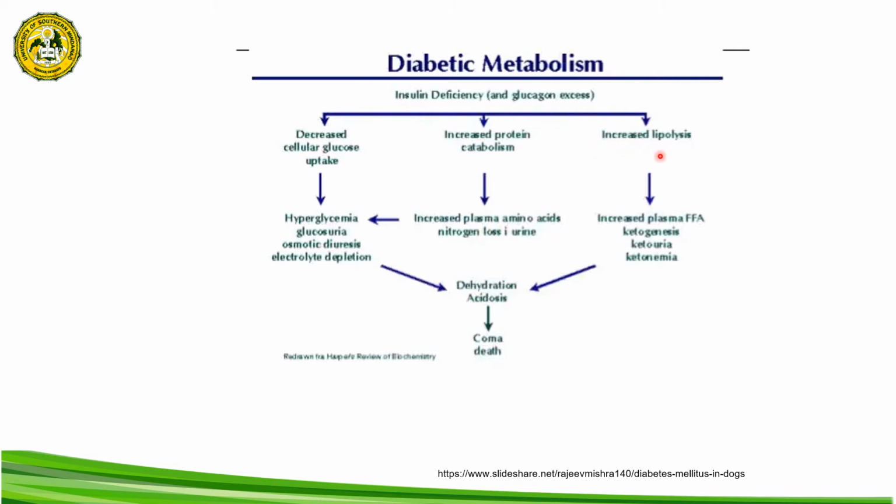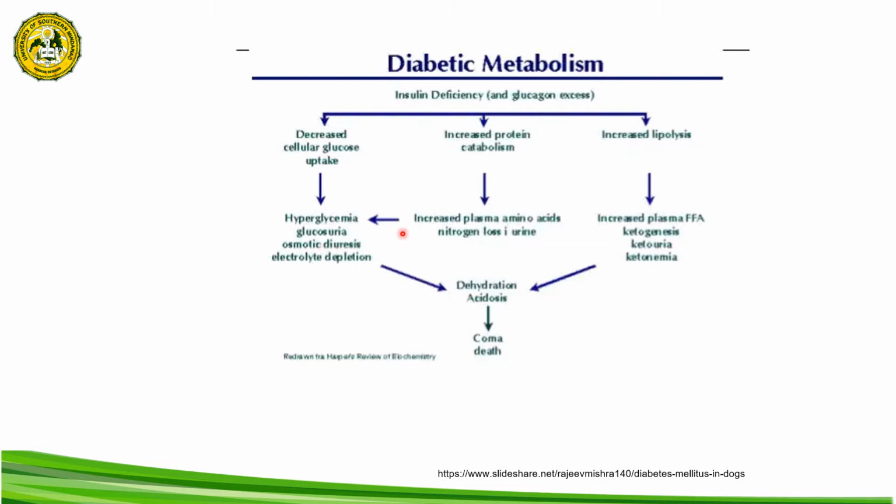For the lipolysis, this will increase the plasma free fatty acid. There will be ketogenesis and the presence of ketones in the urine, or ketonuria, and the presence of the ketones in the blood, or ketonemia.